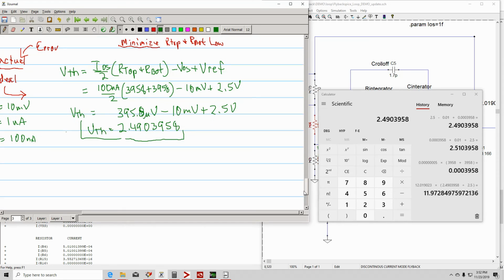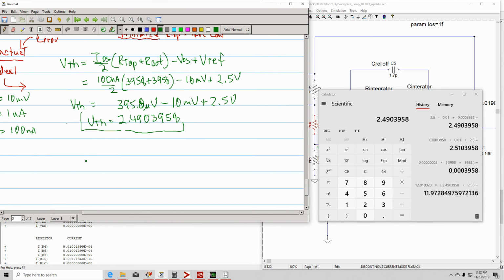Let me see if I can go back. And I said there's a relationship. Okay, so I said that there's VTH and VREF, and then V ideal, and then this is V actual. Okay, so let's do that. Now we have this VTH, which is 2.490398. And then this is 2.5 volts, which is a reference.